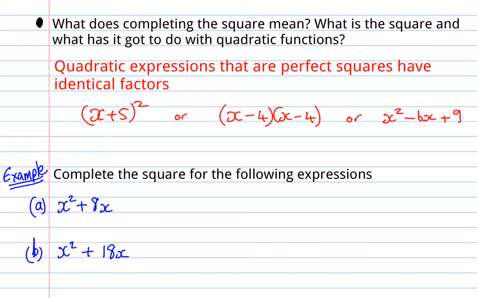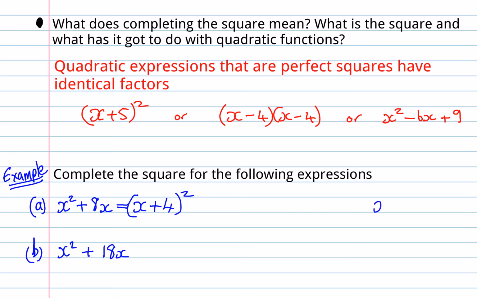Let's have a look at an example here. Complete the square for the following expressions. Now when we're completing the square, what we do is take this x coefficient and divide it by 2. So that gives us x plus 4 all squared.